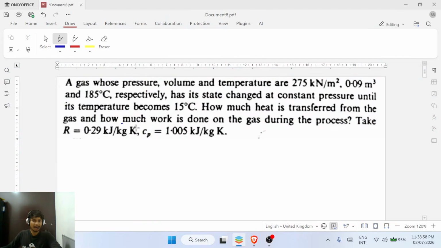We are discussing the DMB3301 revision session. Yesterday, Udek sir conducted a revision session. According to the session, we are discussing the questions related to the revision class.